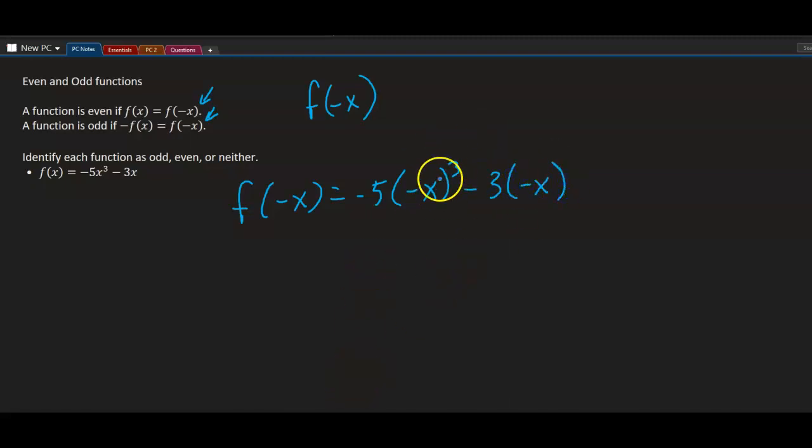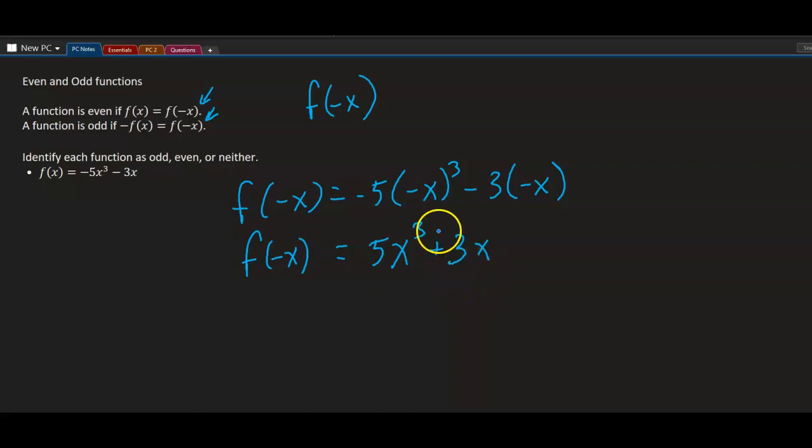All right, if I cube a negative x, that's going to get me negative x cubed. So if I multiply that by a negative 5, that is going to get me a 5x cubed. And then here, a negative times a negative is a positive, and 3 times x is 3x. So f of negative x equals 5x cubed minus 3x.